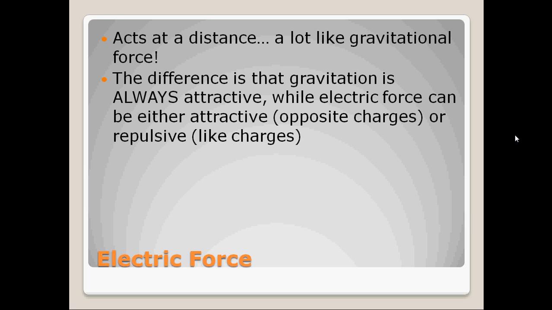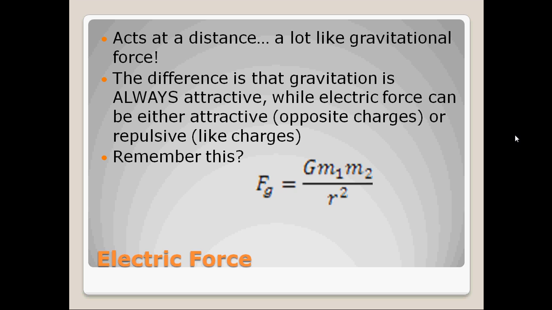Now, if we then want to go on and quantify electric force, again, a lot of similarities to gravitation in that they both act at a distance. So let's return to the way that we calculated gravitational force and see if we can develop a model to figure out what electric force will be like.